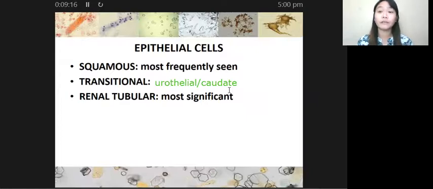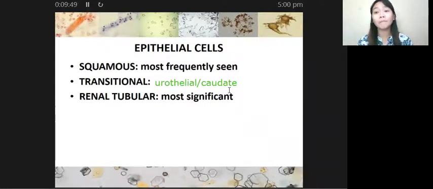It's part of the normal physiologic process of your epithelium changing itself. We learned in histology that one characteristic of epithelial tissue is that it constantly undergoes desquamation or exfoliation. That's normal. So if they are present in small numbers, they have no significance. However, if they are present in high numbers, they are considered significant.